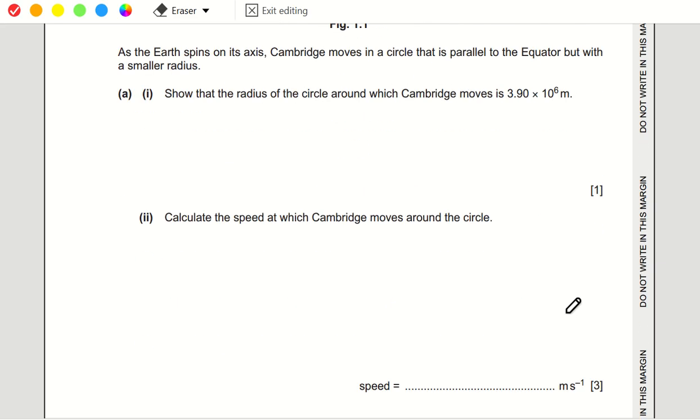Next is the speed at which Cambridge moves around the circle. We have a formula for v to be r omega, and omega is 2 pi over the periodic time.